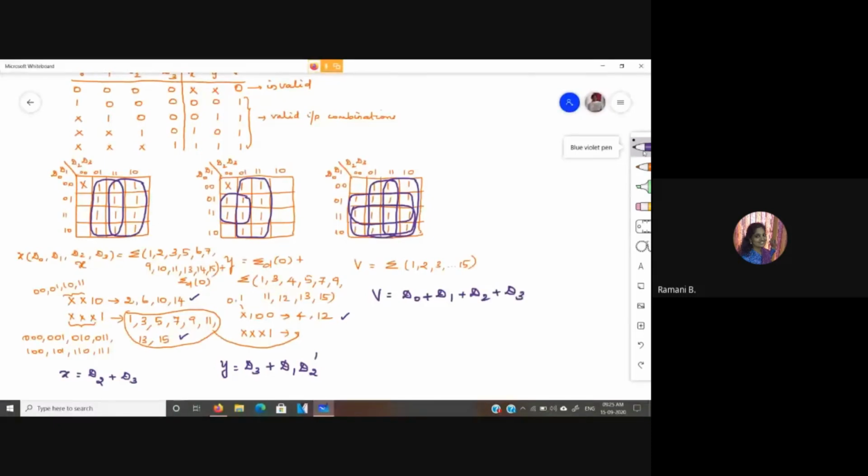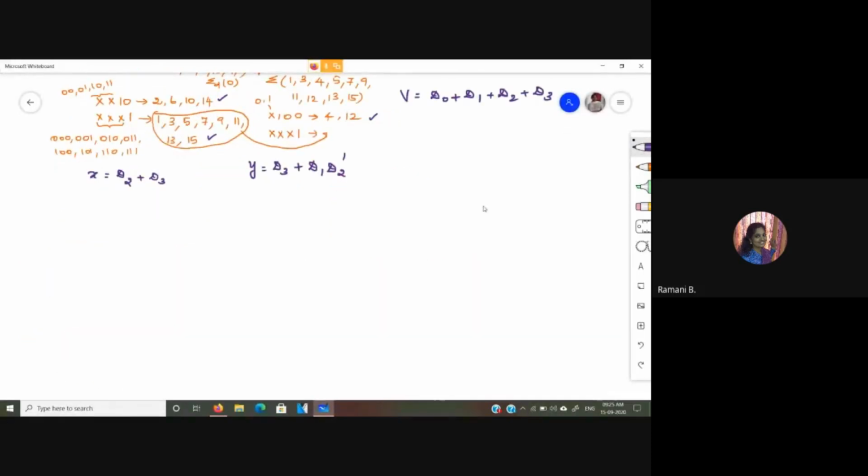So drawing the diagram for this, you have D0, D1, D2 and D3. So for X it is D2 plus D3. So we give it to an OR gate and get X. For Y you have D3, then D1, D2 bar.